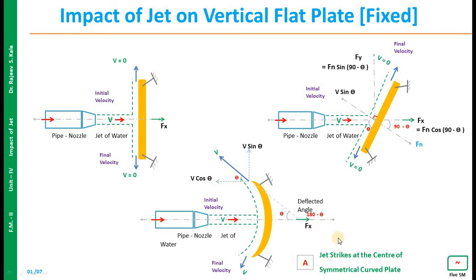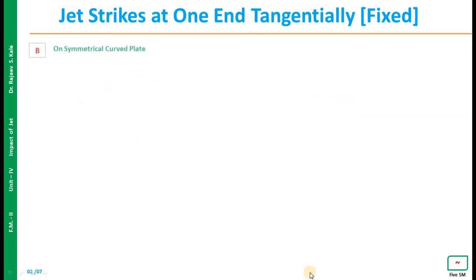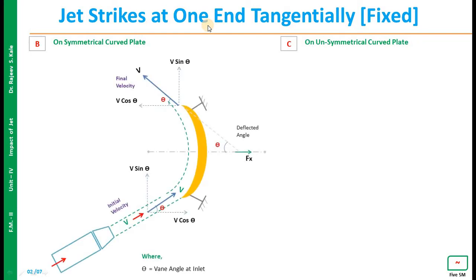Now there are two more situations in the case of a curved plate. This is a symmetrical curved plate. In the first situation, the jet strikes at the center. Now in the case of symmetrical and unsymmetrical curved plates, the jet strikes at one end tangentially.